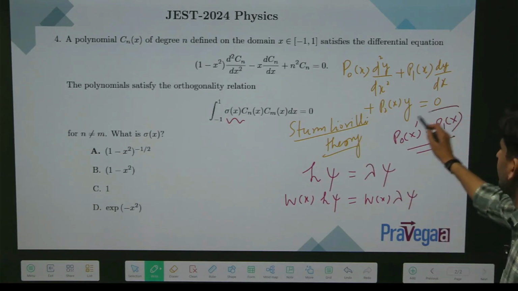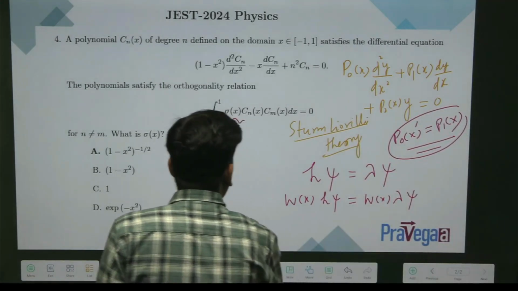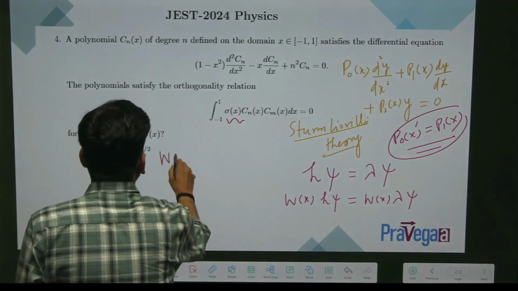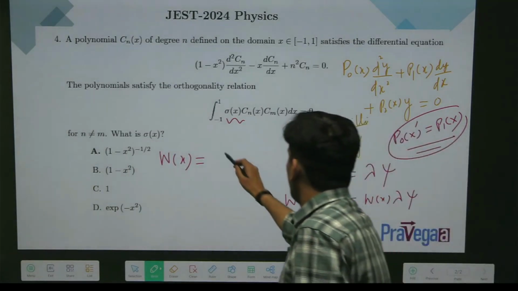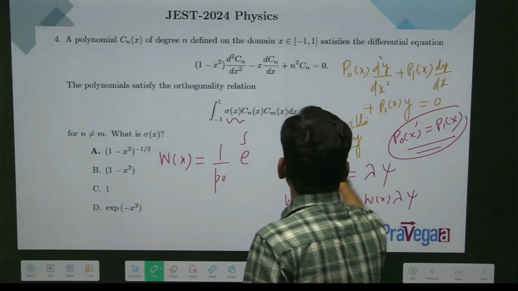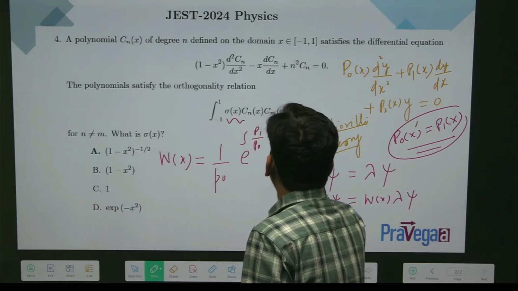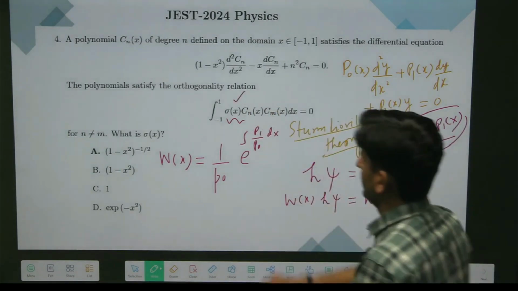So what is this weight function? It is given by 1 upon P0 times e to the power integral of P1 by P0 dx. This is the weight function appearing in this case.